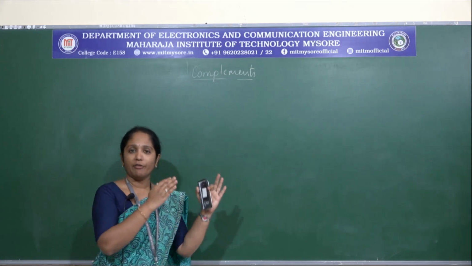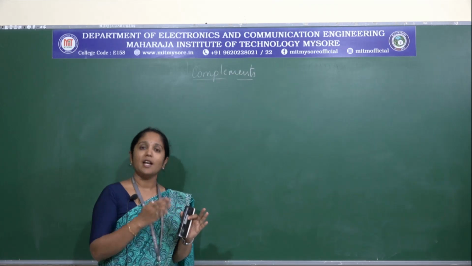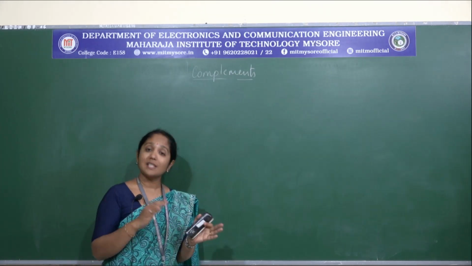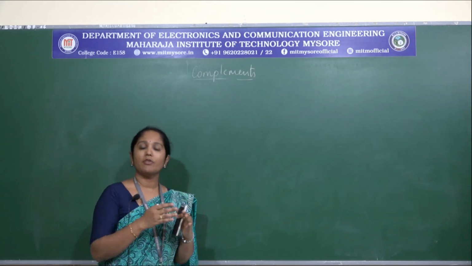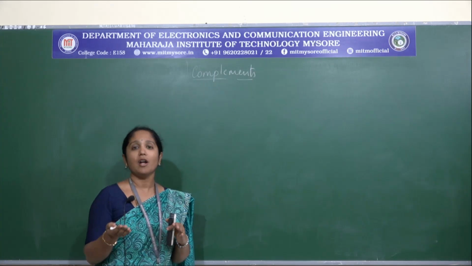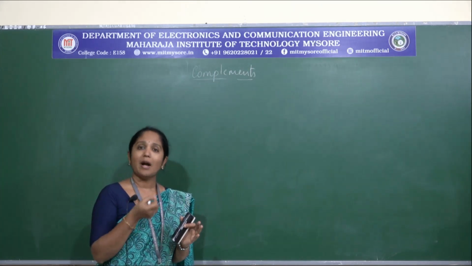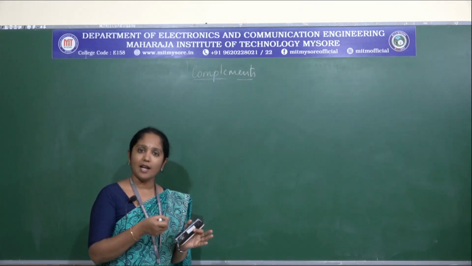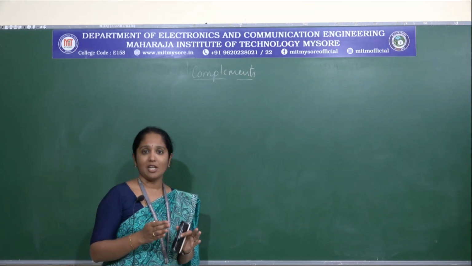If you find the 2's complement of the second operand and add it to the first operand, the sum will be equal to the subtraction of the second operand from the first. Therefore, instead of using separate hardware for subtraction, we can use some additional logic to realize the subtractor using adder circuitry. That is the advantage we have.